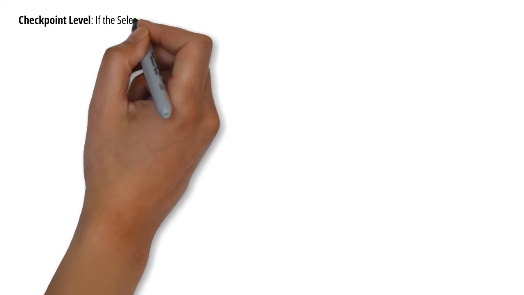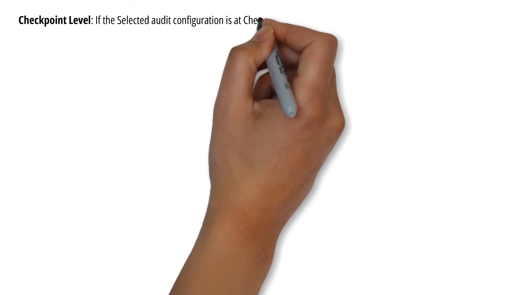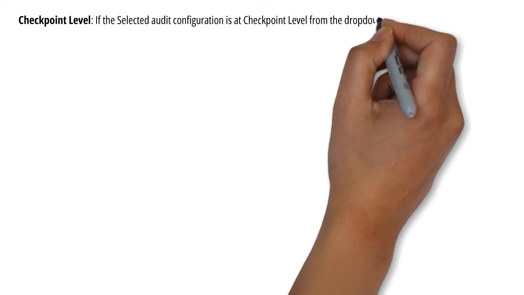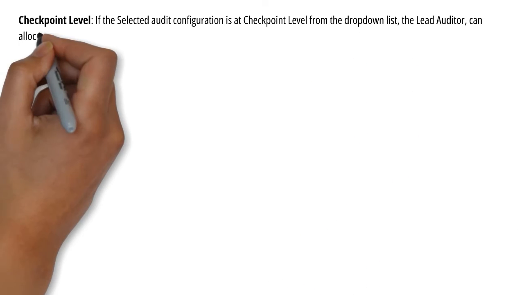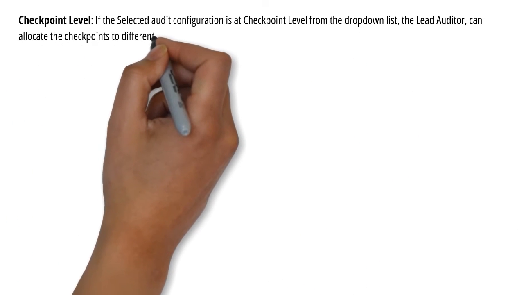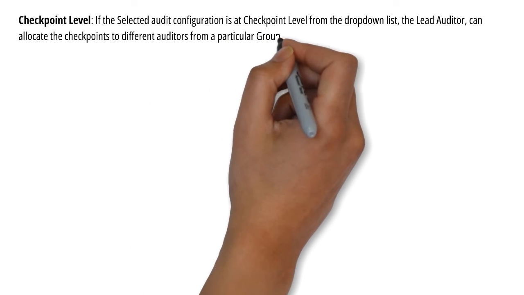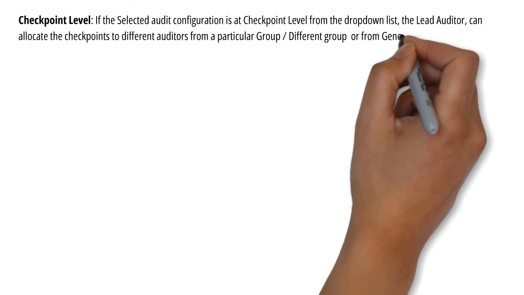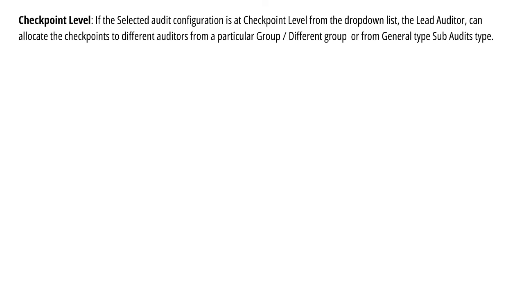Checkpoint level. If the selected audit configuration is at checkpoint level from the drop-down list, the lead auditor can allocate the checkpoints to different auditors from a particular group or different groups, or from general type sub-audits.